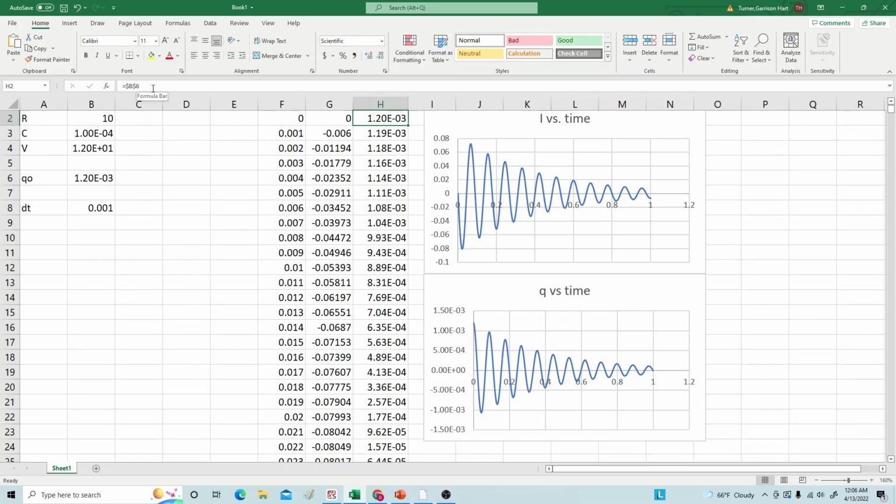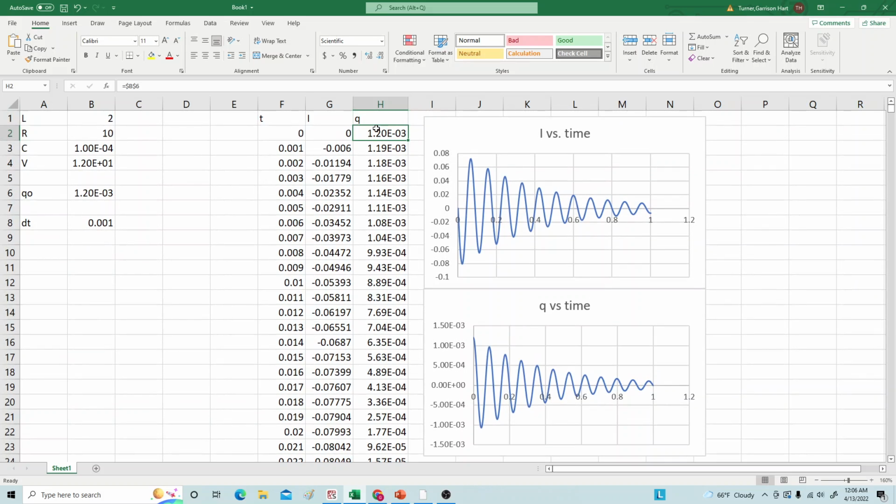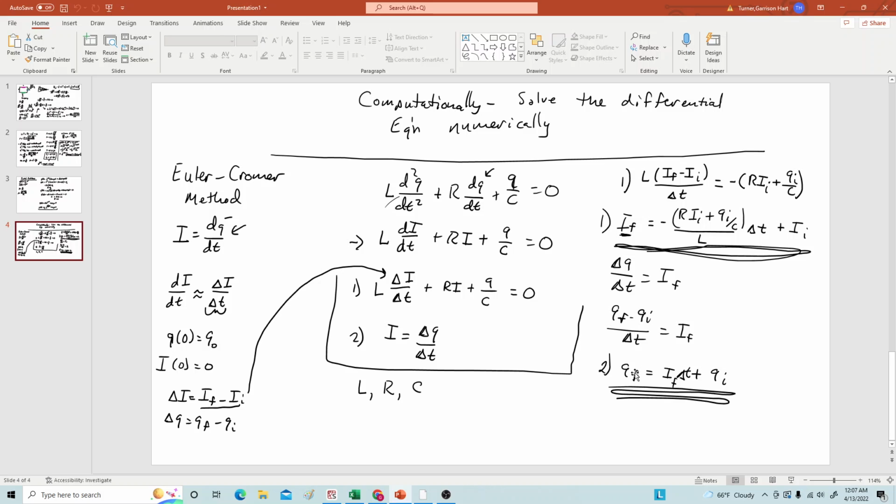But the dollar signs, for those who might not be terribly familiar with Excel, the dollar signs basically hold that value constant. Now, I actually don't need those dollar signs here because this is the only cell where I don't have an explicit formula, because we have to set our initial values.